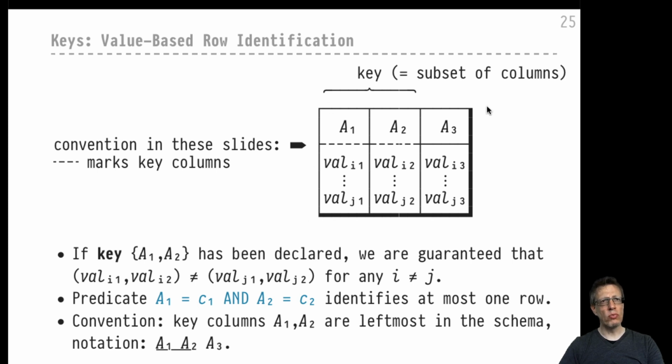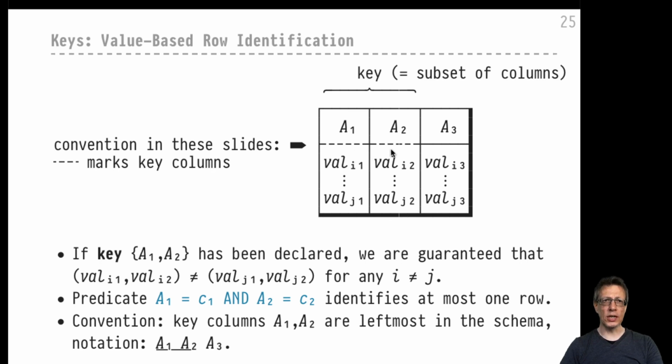This table, this 3-column table, has been assigned a key of 2 columns. You see that in these slides I will follow the convention to mark the key columns of this particular table with these dashed lines here. So A1 and A2 make up the key of this particular table. And the meaning of this is that no two rows agree in their A1, A2 values.